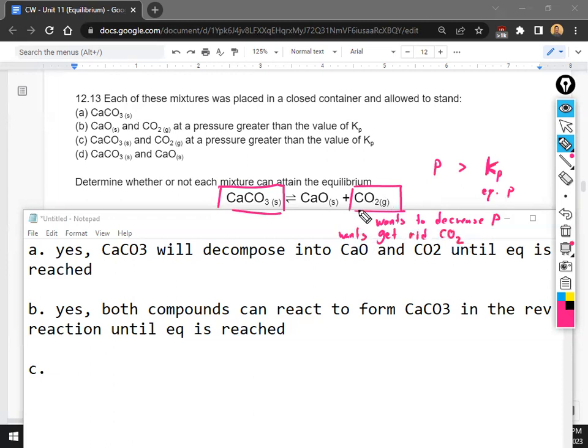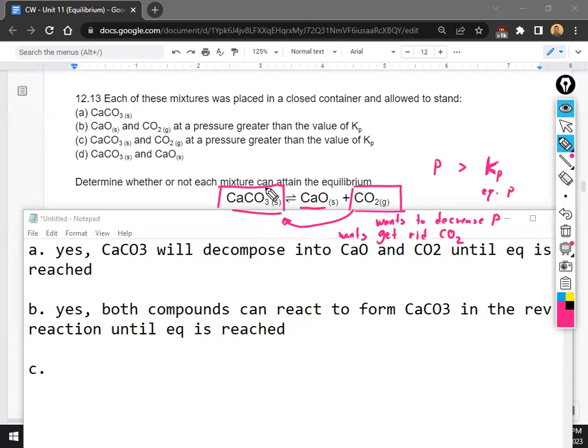So basically CO2 is gonna want to turn into CaCO3. But there's a problem here. What does CO2 need in order to turn back into the reactant? It needs CaO. Do we have CaO in there? No. So it wants to turn into this compound, but it doesn't have the other reactant in order to do that reaction.